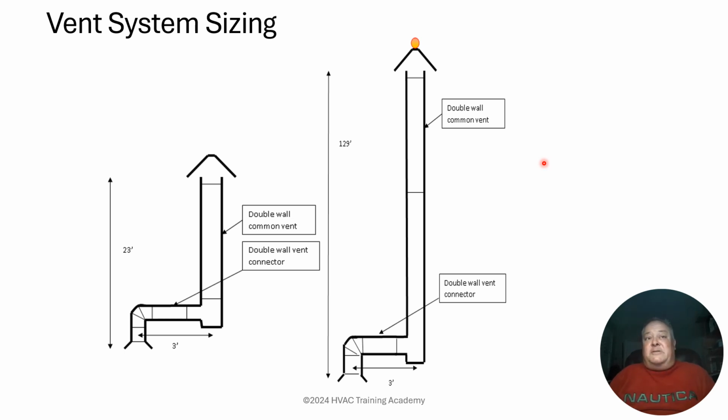At 23 feet, which is what I have here, I should be able to calculate that I could actually get away with 43,000 BTUs. That is called interpolation. In other words, the table only gives you the two values at 20 and 25 feet, but you mathematically are able to calculate what it would be for every foot increment in between. Interpolation is allowed, okay? So in the real world, we could actually use interpolation to figure out exactly to our vent height what the actual input allowable would be.